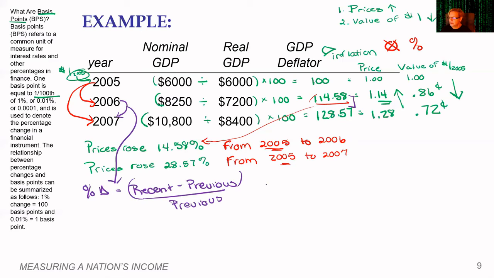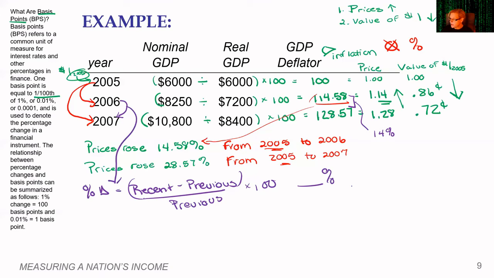Again, doing that first, times 100 and expressing it as a percent. Because it looks like the answer should be 14%. But guess what? When we grind this formula out, 128.57 minus 114.58 divided by 114.58 times 100%.